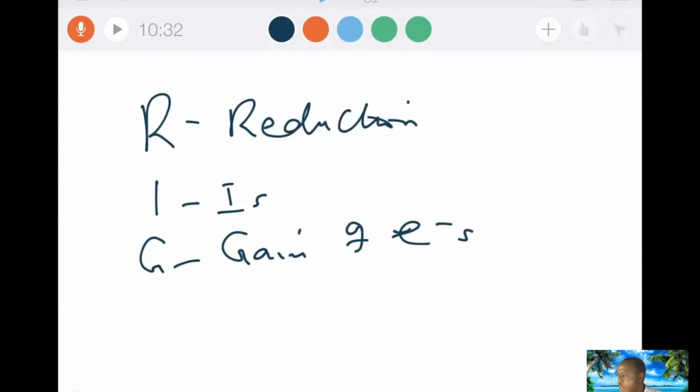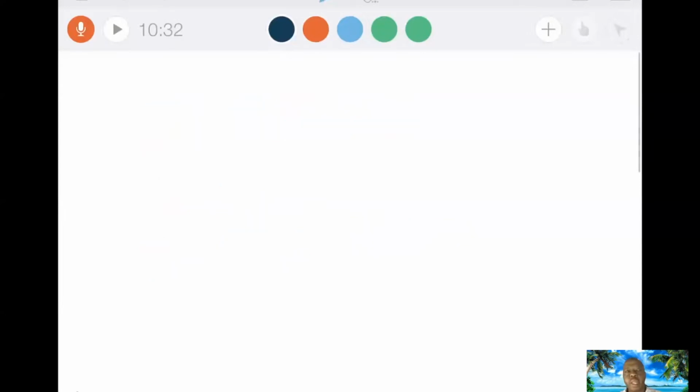That's one thing you need to understand as far as the two types of reaction are relevant to our experiment today. Now, these reactions take place at the same time. There is no way an electron is just lost into nowhere. One species is losing an electron to the other species.